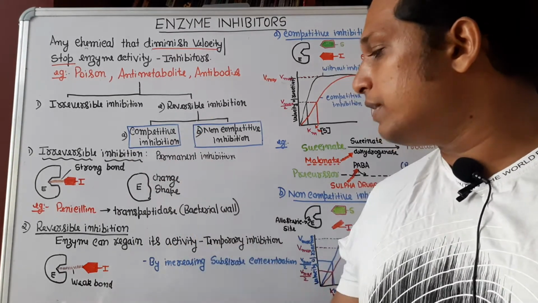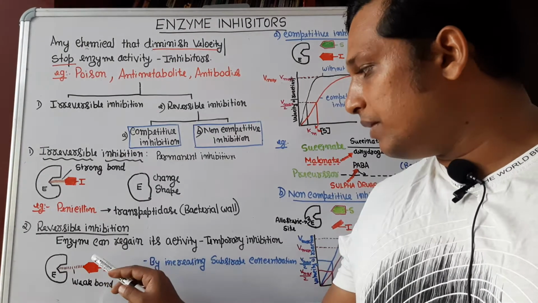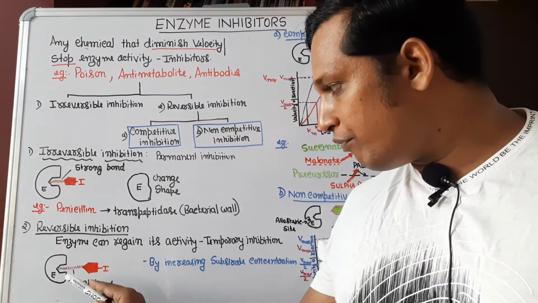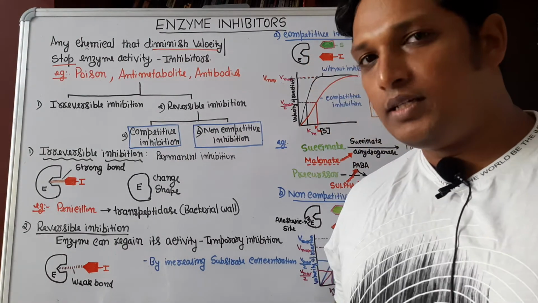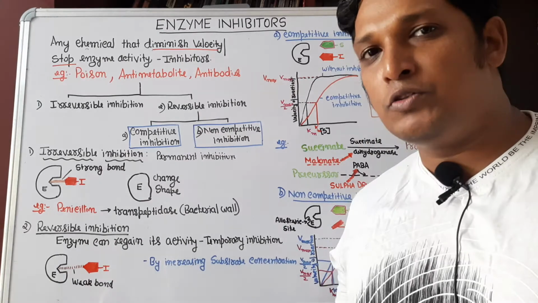Now we will move on to reversible inhibition. What is reversible inhibition? It is a kind of inhibition where the inhibitor binds to the enzyme by forming a weak bond. In irreversible it was a strong bond, now it will form a weak bond, usually a hydrogen bond.